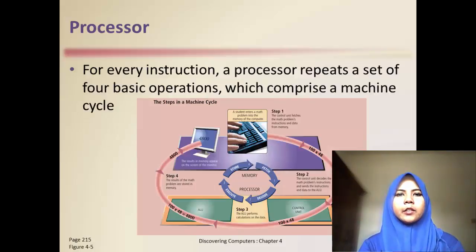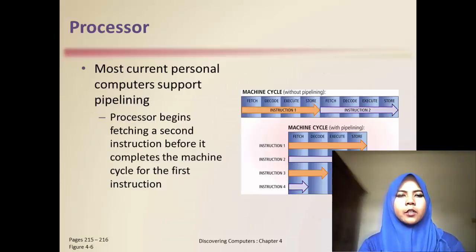For every instruction, a processor repeats a set of four basic operations, which comprise a machine cycle. Most current personal computers support pipelining, where the processor begins fetching a second instruction before it completes the machine cycle for the first instruction.